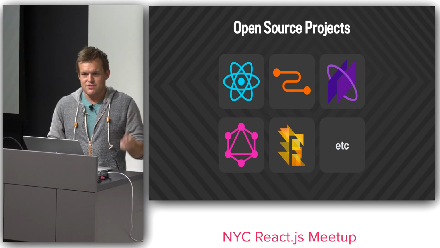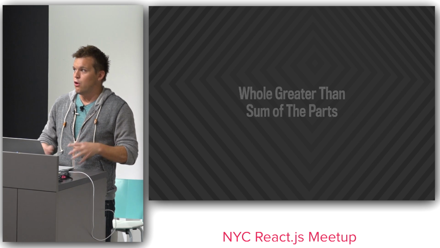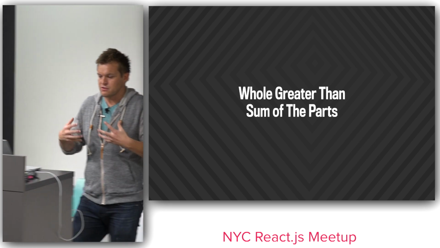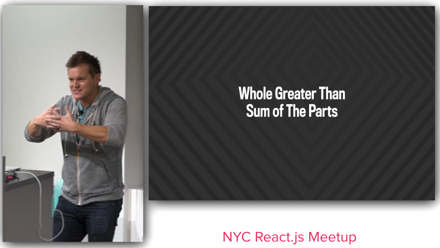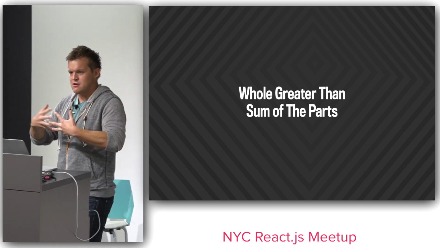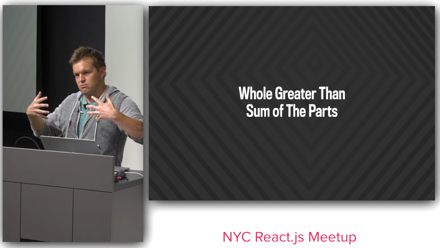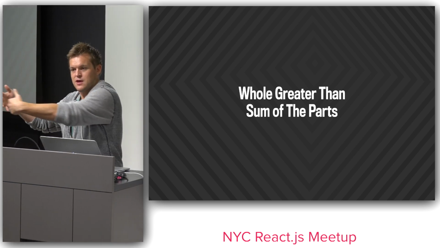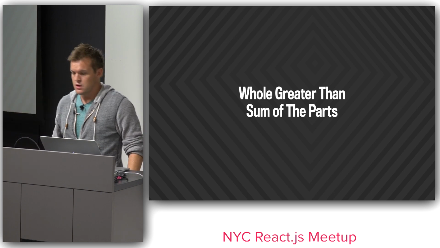But together, they add up to more. I like to say that the whole of these things is greater than the sum of their parts. They all fit. And together, we really think we're making mobile development and client development in general move forward 5, 10 years.